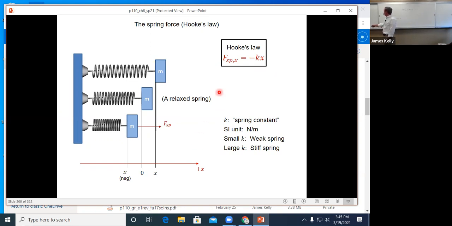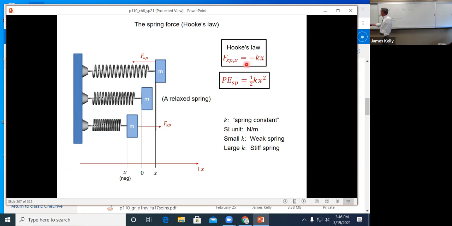The minus sign also tells us about compressions. Notice if I compress to a negative x value, the spring force x component is in the positive x direction. It looks like it's always in the negative x direction, but if I've compressed it, x itself is negative, so I have a minus negative, and it's actually going to give a positive component, okay? Here's the part we're not going to derive.